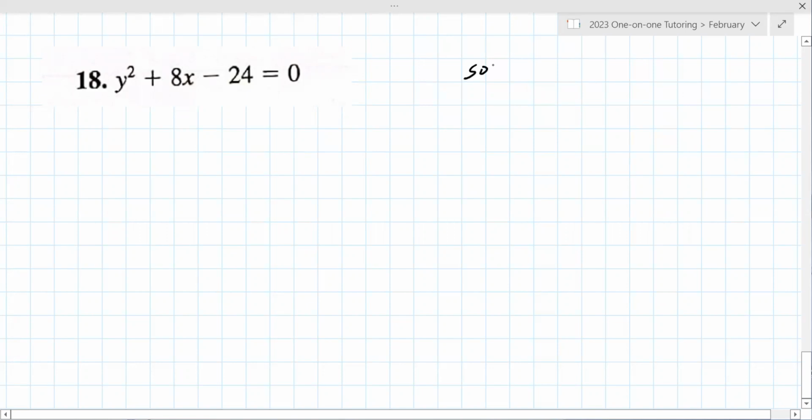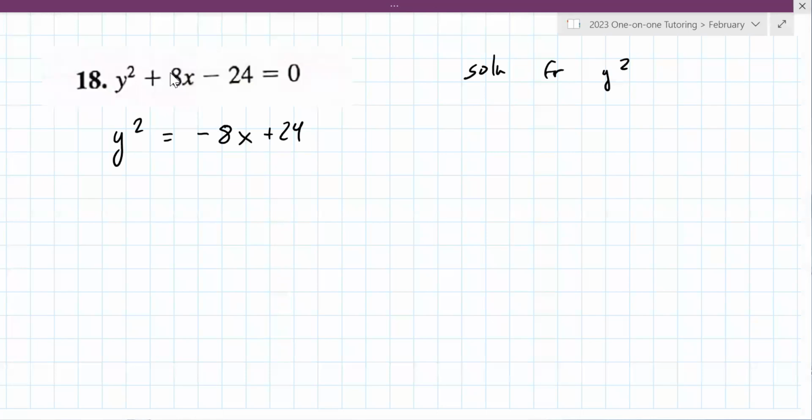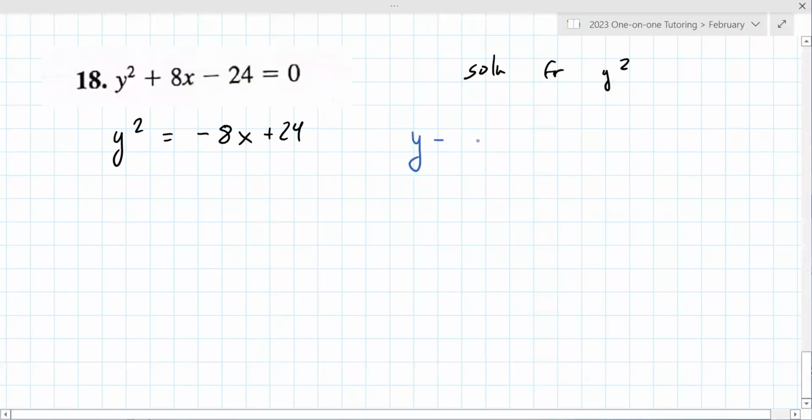So you want to solve for y squared. So y squared is, and this is where it's kind of awkward, -8x plus 24. And notice if you look at the standard form here, I'll just write it off to the side here. It's y minus k squared equals 4p times x minus h. And this probably looks really awkward, but it's kind of in that form, but notice x has got a 1 in front of it.